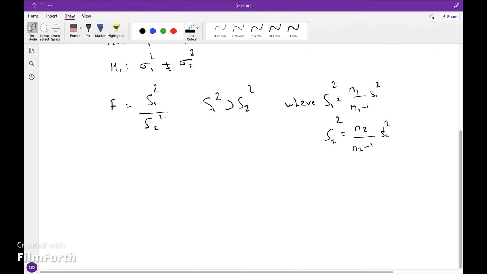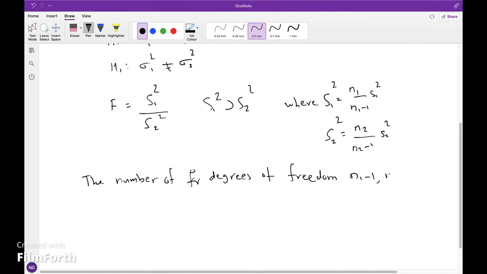The number of degrees of freedom is N1 minus 1, N2 minus 1.